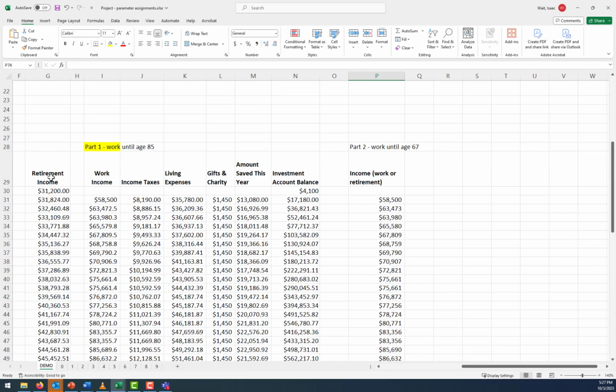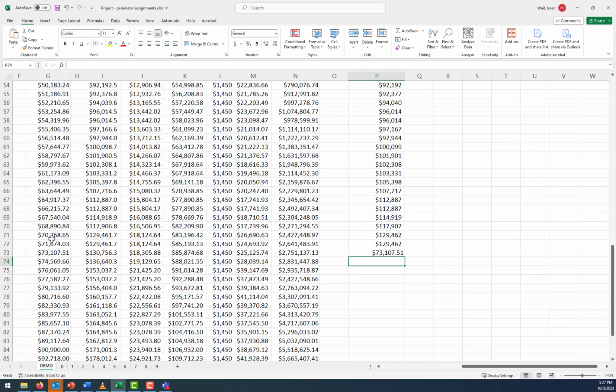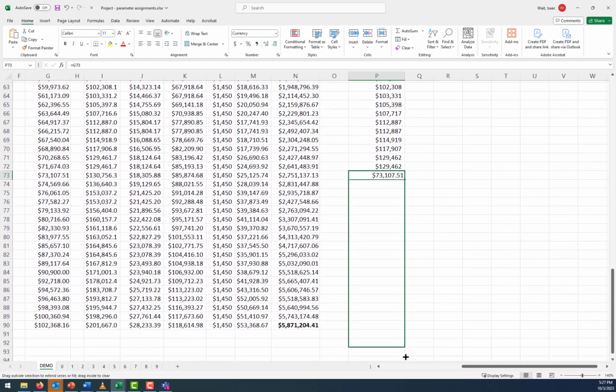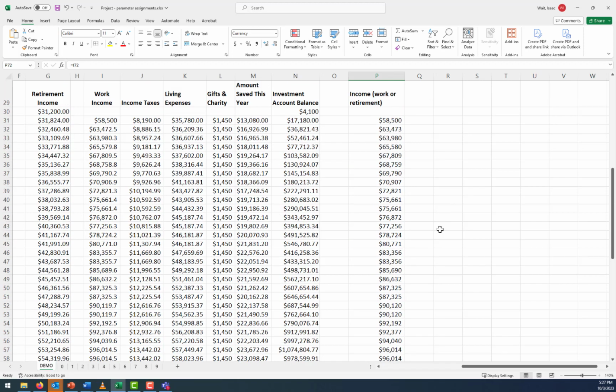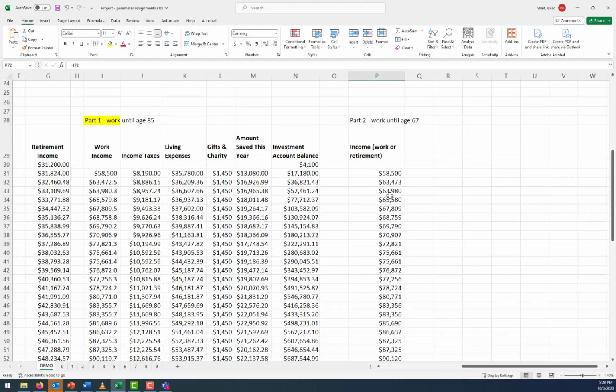So remember that there was this column, like if they retire in a certain year, how much they get in that year for being retired. Okay, so then it continues onward until age 85. So they have a decrease in their income when they do that retirement.